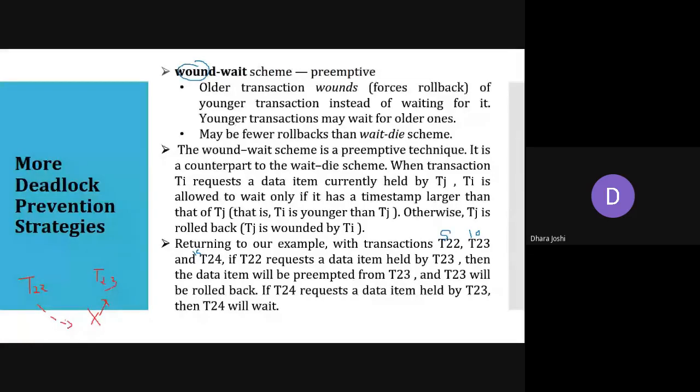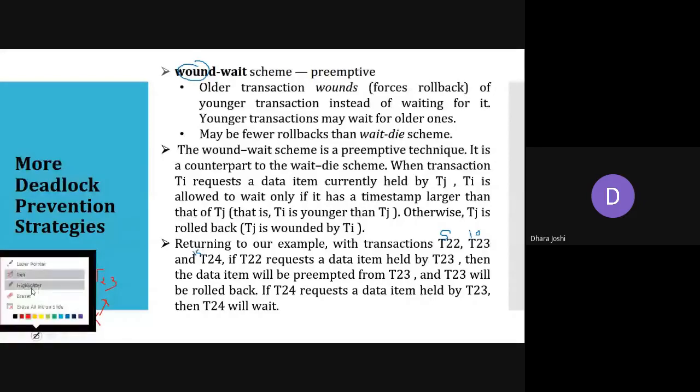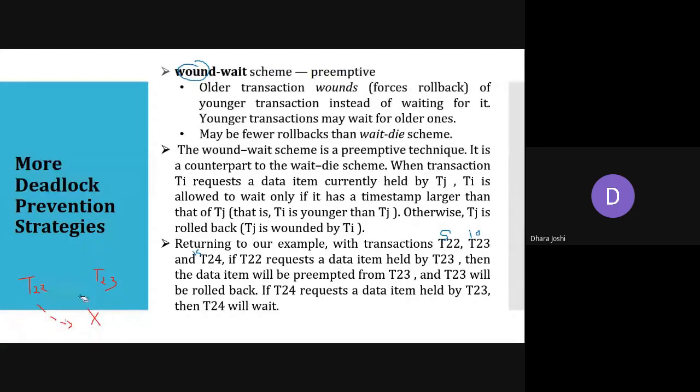If T22 is the older one and it requests data item X, which is held by T23, then the data item will be preempted from T23. So T23 no longer holds it and T23 will be rolled back. So T23 needs to be rolled back. I am just deleting it out. We have already killed that and it will be rolled back.